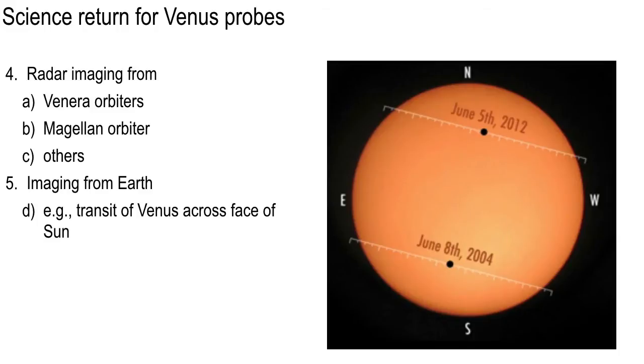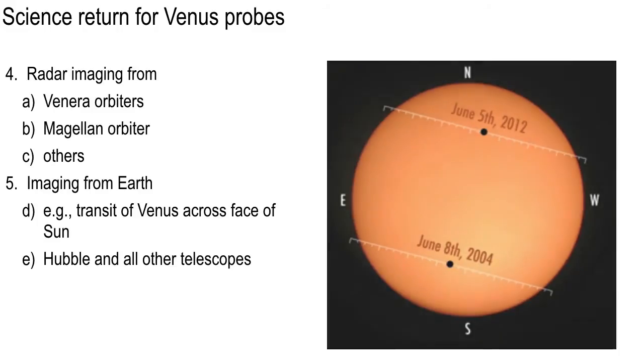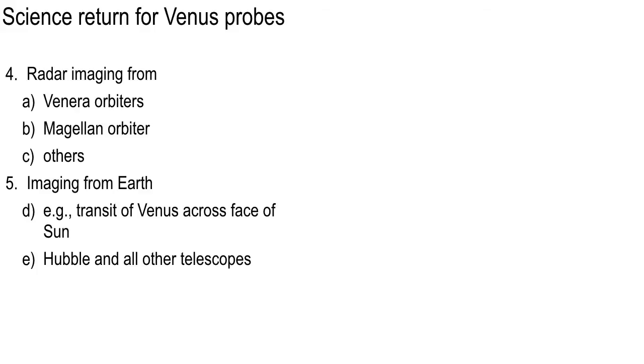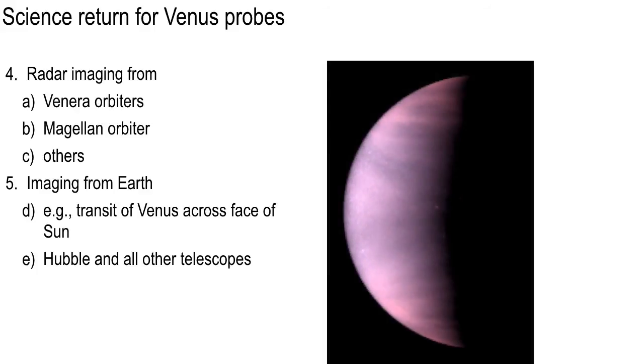So we don't have to actually land stuff there to know what we've got. Hubble Space Telescope, all the other space telescopes, you can do the same thing. Just analyze what you got, and it's kind of an interesting, although hostile place. So it looks like this image here. It doesn't look very fancy, but if you get down and take some radar images, if you try to measure the temperature and the pressure, it's definitely an exciting place, although hostile.